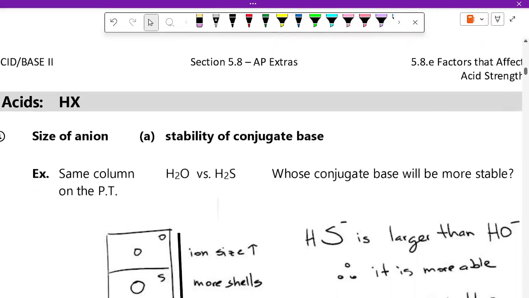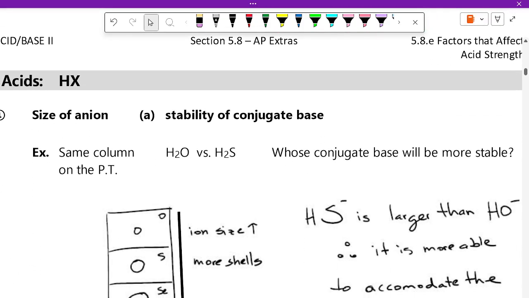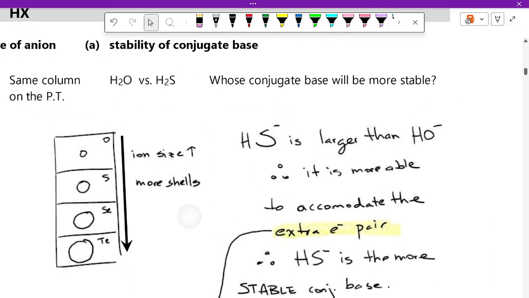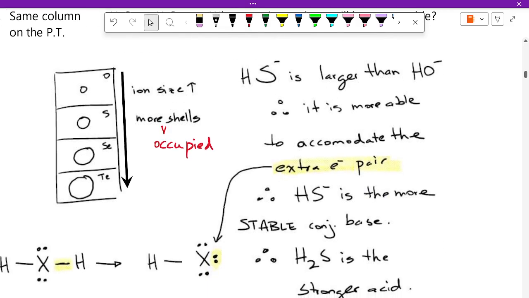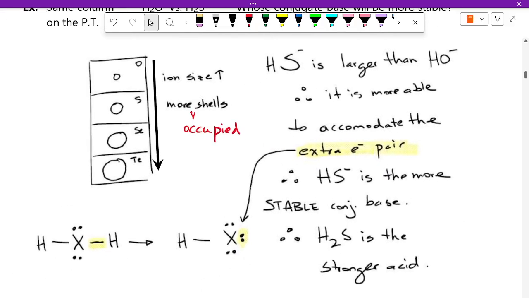Okay, so the size of the anion has to do with the stability of the conjugate base. As ion size increases, it's because you have more occupied shells. I don't think this says anything much different than what we talked about on the previous page.